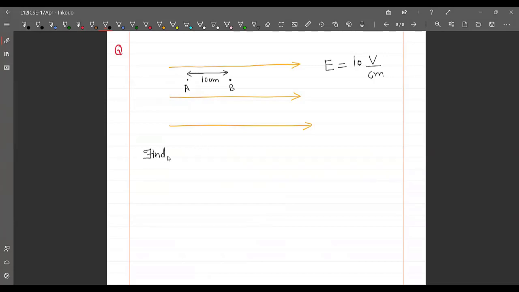Find, first thing is find VB if VA is given as 200 volt. Solve it.